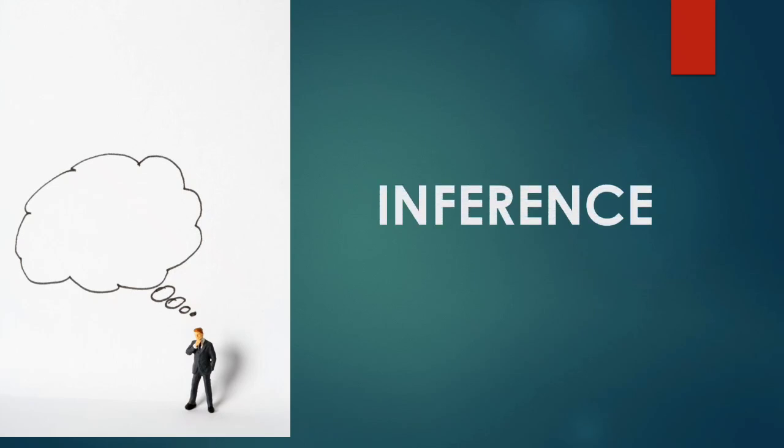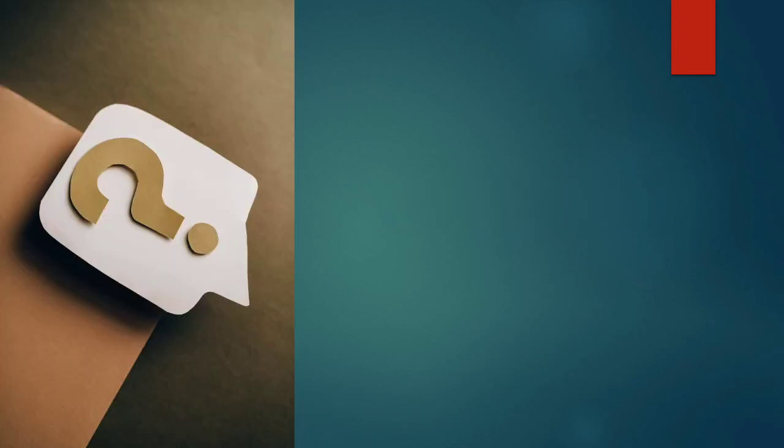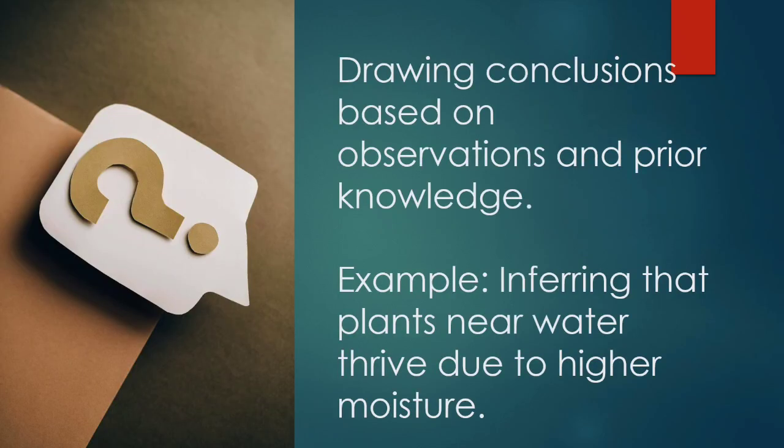Now let's look at the next one. Inference. That's the next method of science. Inference. It is gotten from the word to infer. And what does this mean? Now it means drawing conclusions based on observations and prior knowledge. Now you have made your observation at first, okay? And the next thing is for you to infer, to draw a conclusion based on your prior knowledge.